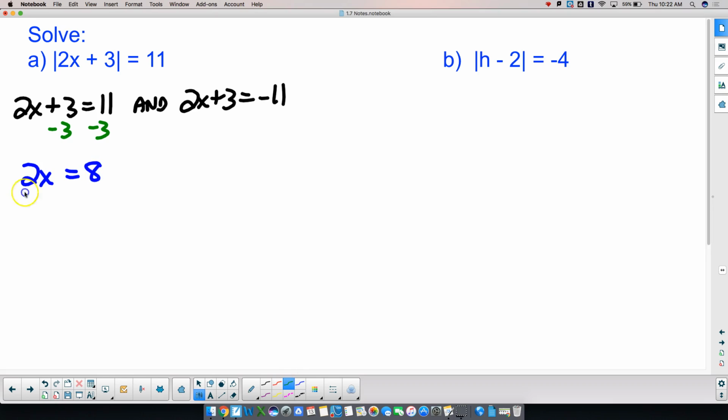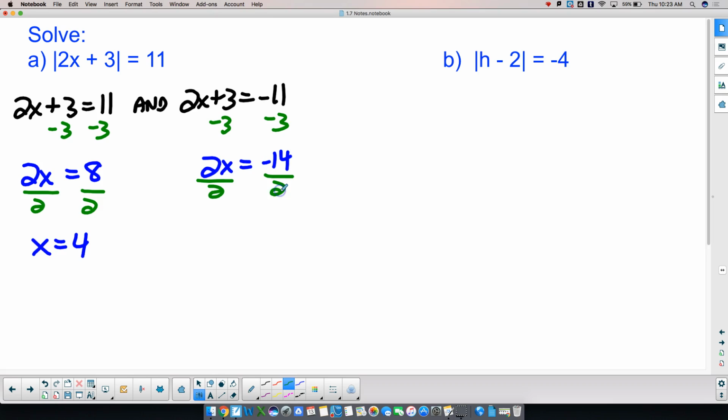Divide by 2. That gives me x equals 4. Subtract 3, that gives me 2x equals -14. Divide by 2. That gives me x equals -7.